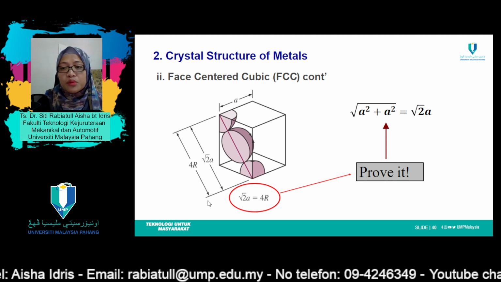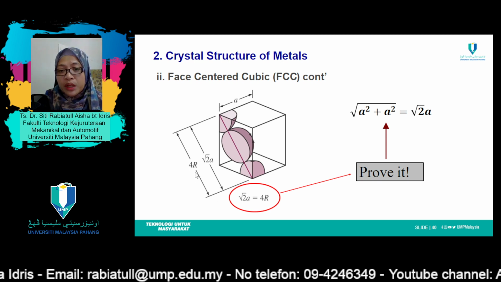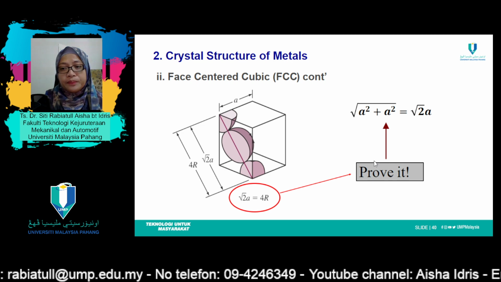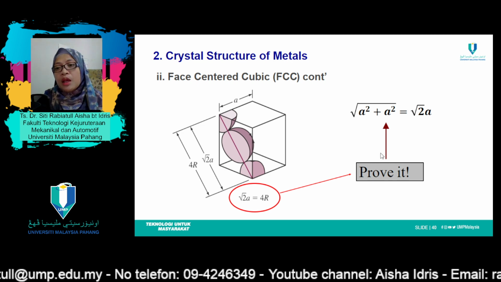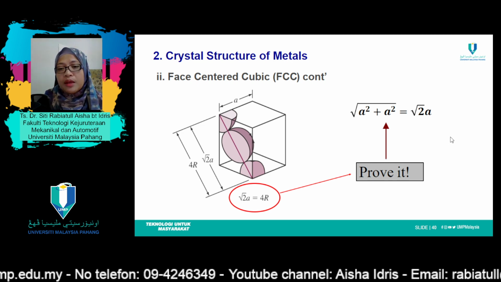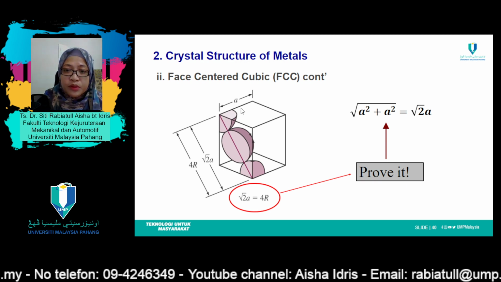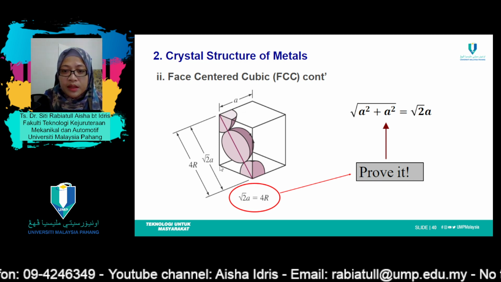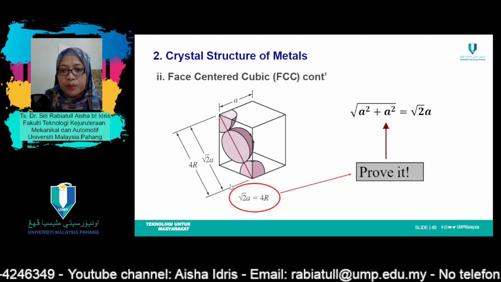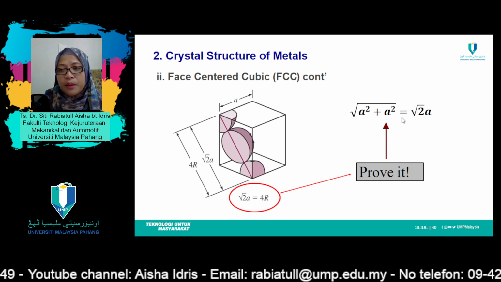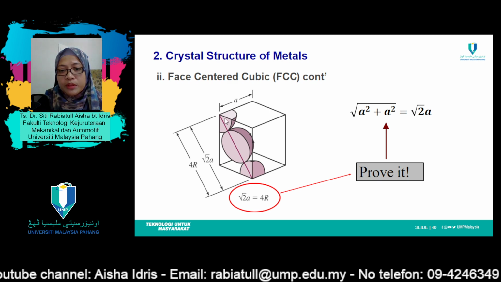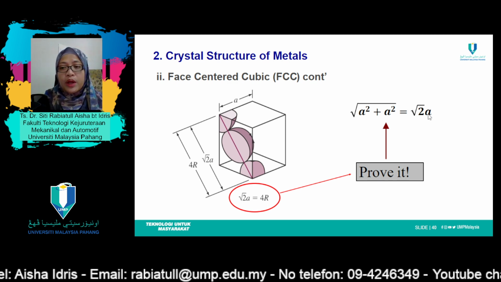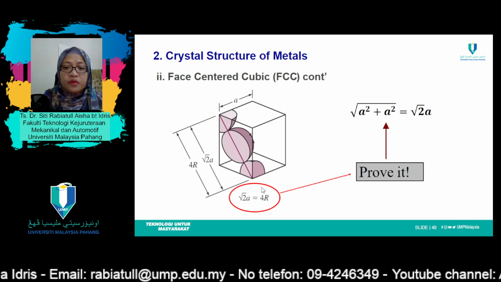That's why you need to find the relation between 4r and √2a. The √2a is obtained from this triangle. So a squared plus a squared, square root of both, then you get this hypotenuse with the value √2a equals 4r.